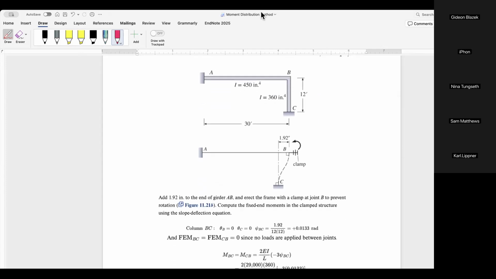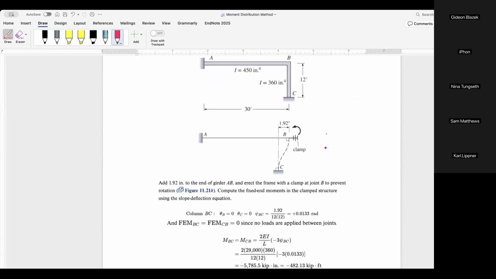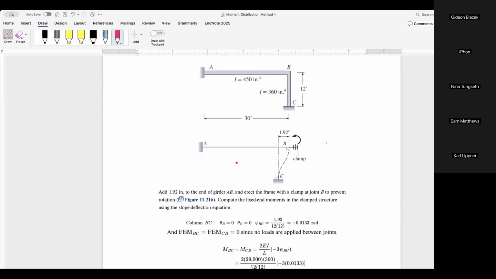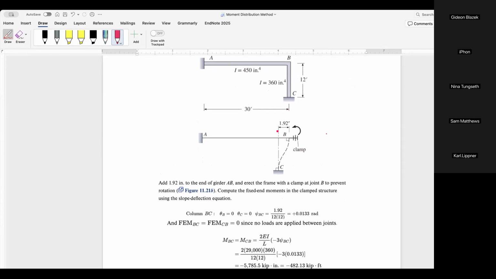So what you have to do again is the same type of stuff. You know that here theta b equal to 0, theta c equal to 0, and because of this fabrication there will be psi value. And what is the psi?